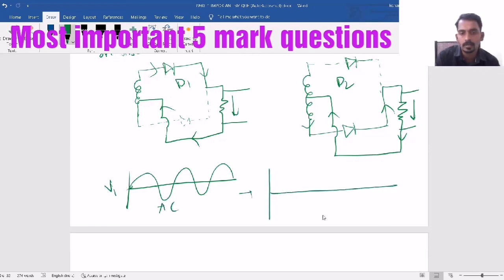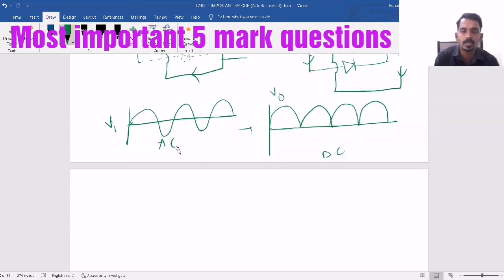Now it is converted into DC output, which is like this. For all the cycles, the current through the load resistor is in the same direction. So this is the conversion of alternating current into direct current, either using one diode or two diodes, that is, either a half wave rectifier or a full wave rectifier.